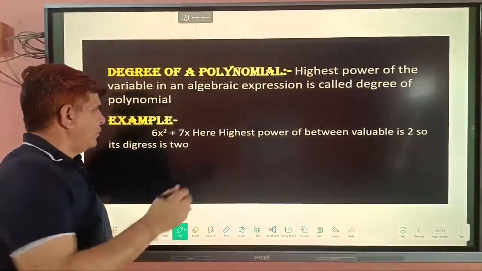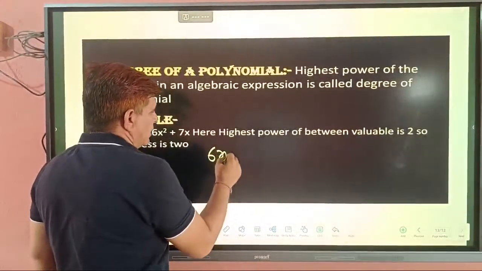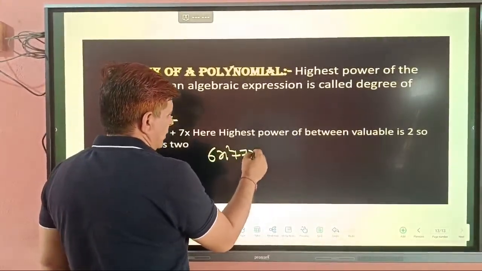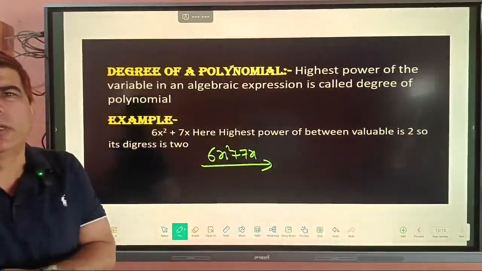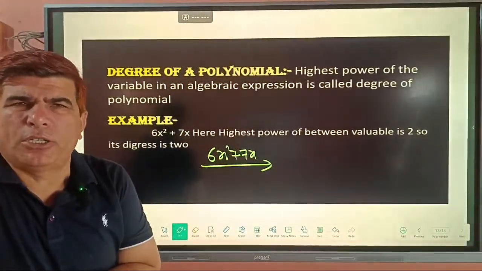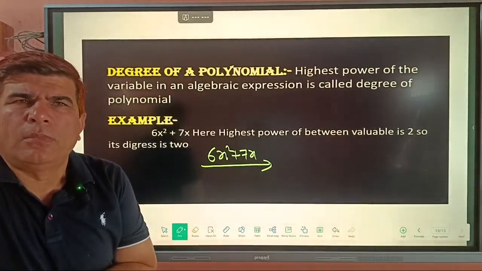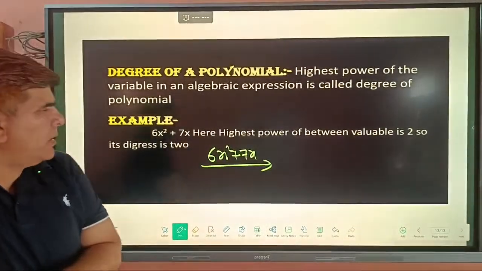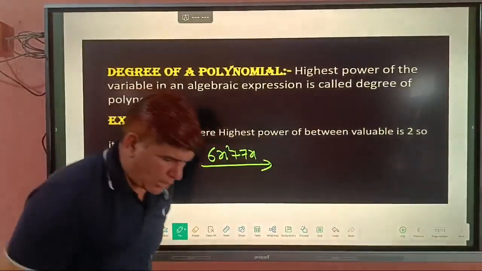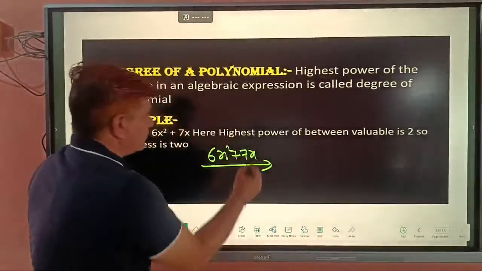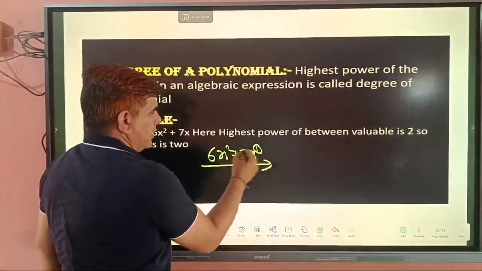Here we have written 6x square plus 7x. Check, it is an algebraic expression, definitely. How many terms? 2 terms. Then tell what the highest power of the variable is. If nothing is written, it means 1 is here and 2 is here.